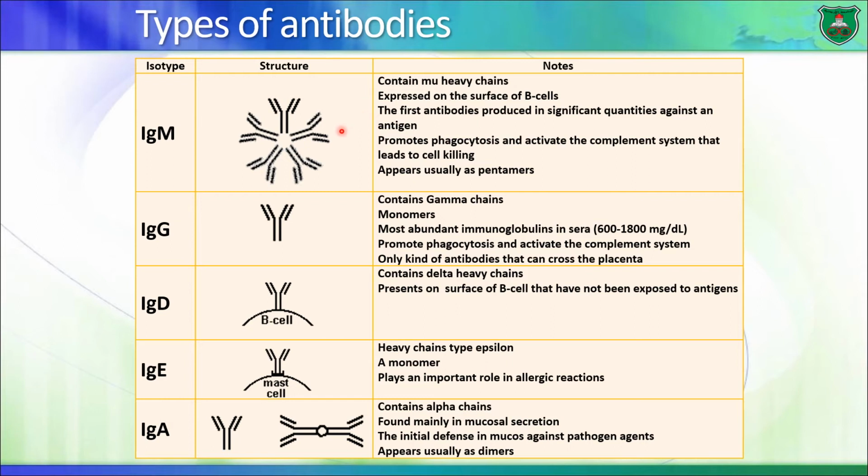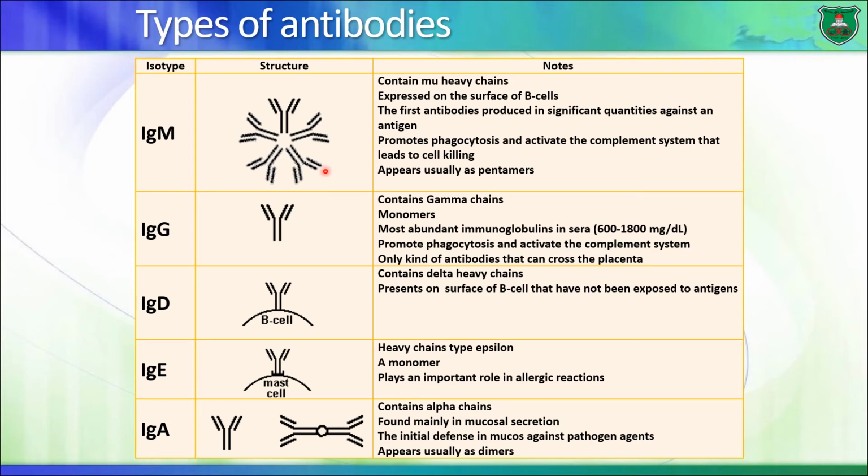So once the IgM on the cell surface interacts with the antigen, the B cell becomes activated, and this B cell starts to proliferate and differentiate further, and it undergoes class switching. So what IgM does is that it promotes phagocytosis, that is immune cells eating antigens, and they also activate the complement system. And usually, by the way, the IgM appears as a pentamer.